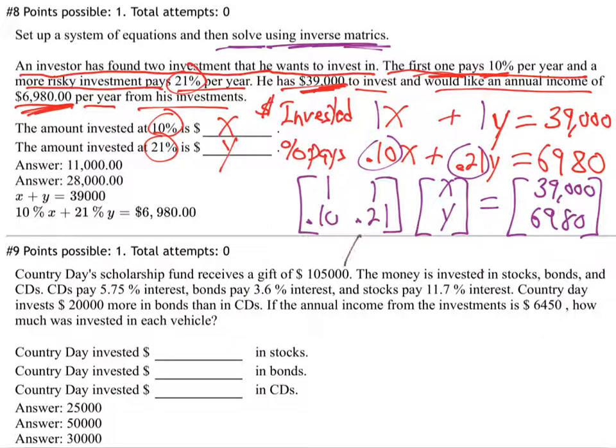You put this one into matrix A, so type into your TI-84 graphing calculator. If you look at the second video on the homework problem number 8, you'll see there's a video.